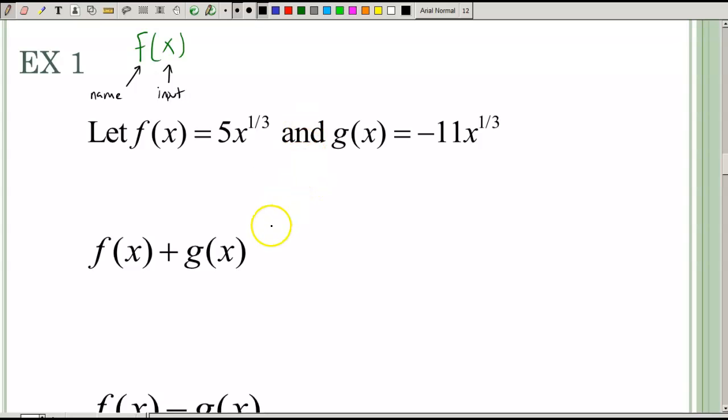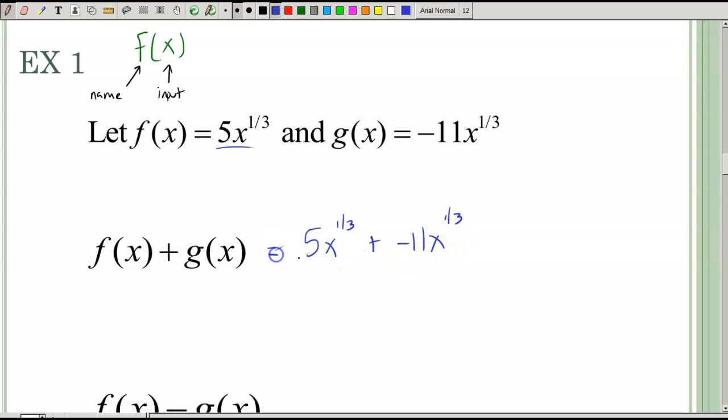So when we go down to this right here, what is f of x plus g of x? Looking at this problem, it's just a substitution problem. Well, f of x is equal to 5x to the 1/3, and g of x is negative 11x to the 1/3, so we simply add those.